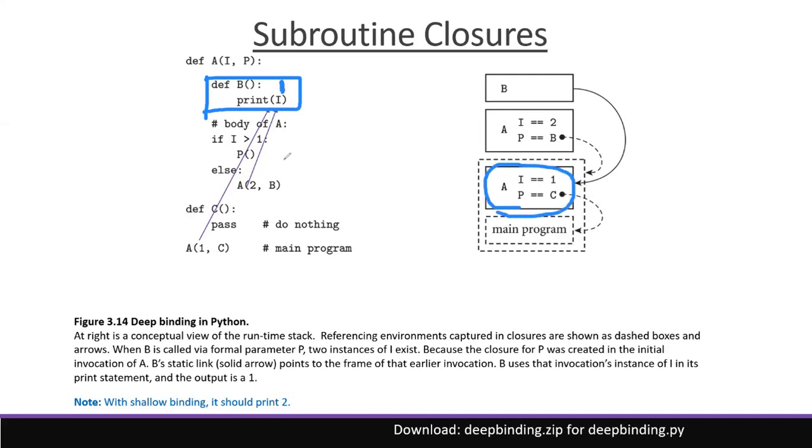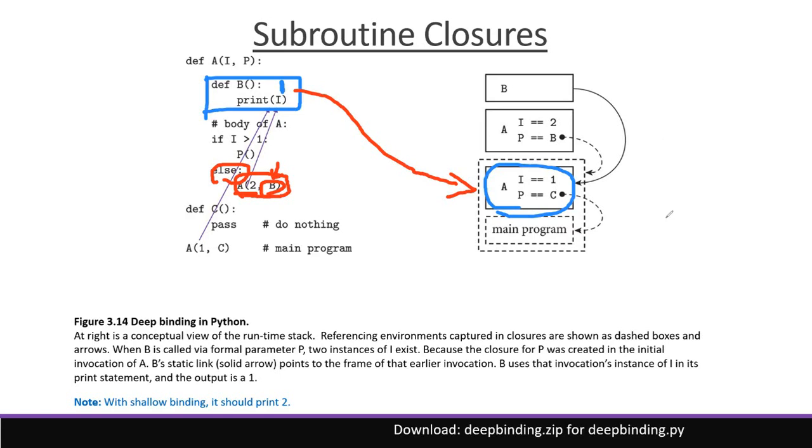So even though you call A1C in the main function, I is not greater than 1, you call this closure, and you call A2B. In A2B, this B function's I is defined by its deeper part, not defined by the new code here. Okay? A little bit complicated.